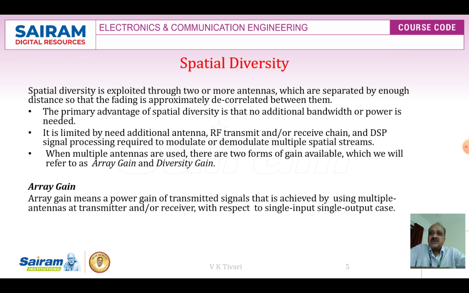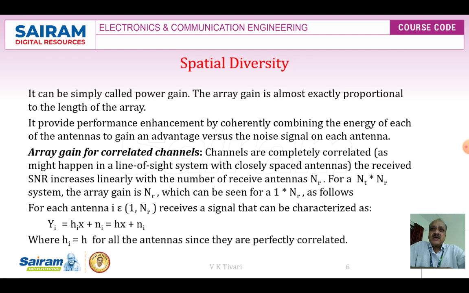Spatial diversity is exploited through two or more antennas which are separated by enough distance so that fading is approximately uncorrelated between them. Array gain means a power gain of transmitted signals is achieved by using multiple antennas at the transmitter and or receiver with respect to the single input single output case, SISO.